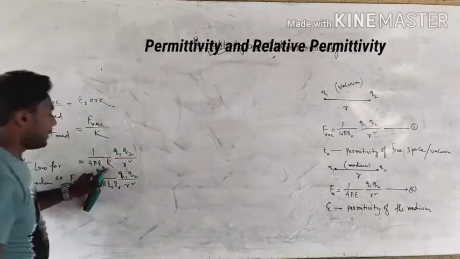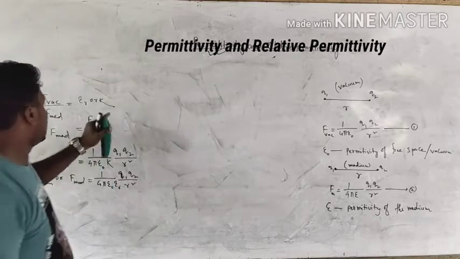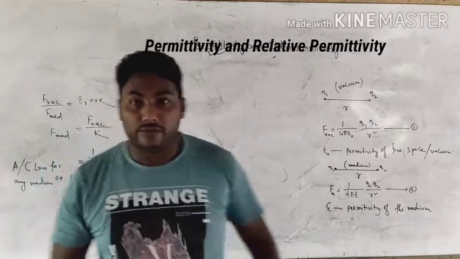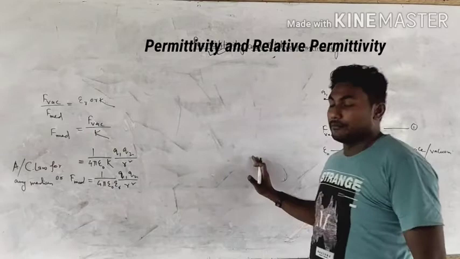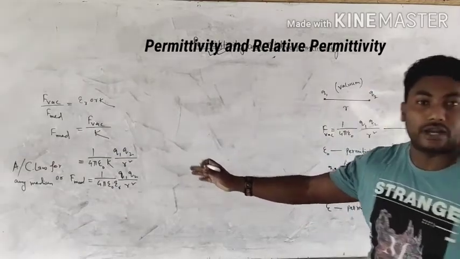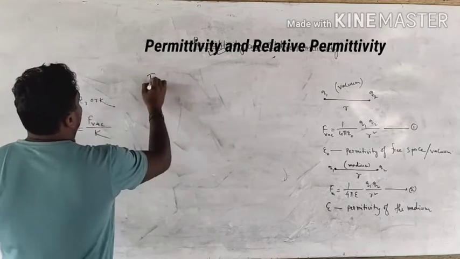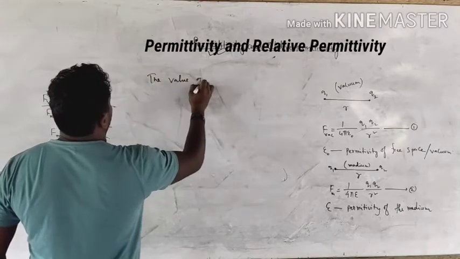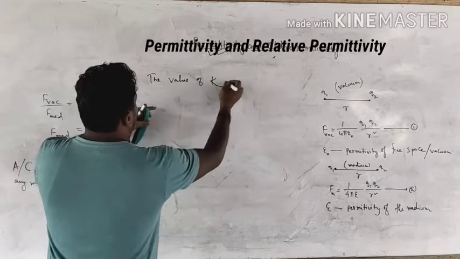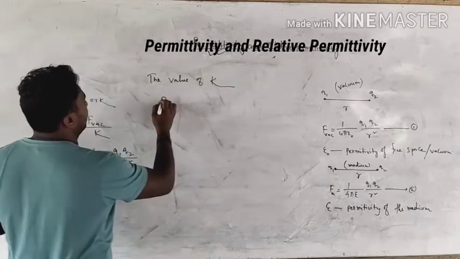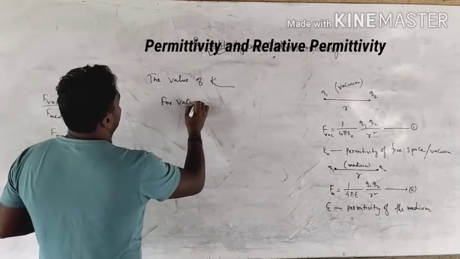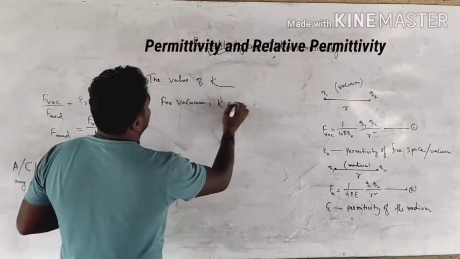Now, what will be the value of K if we place the two charges in a particular medium? Then what will be the value of this K or epsilon R? The value of K or epsilon R is given. Remember that for vacuum K is considered to be 1.